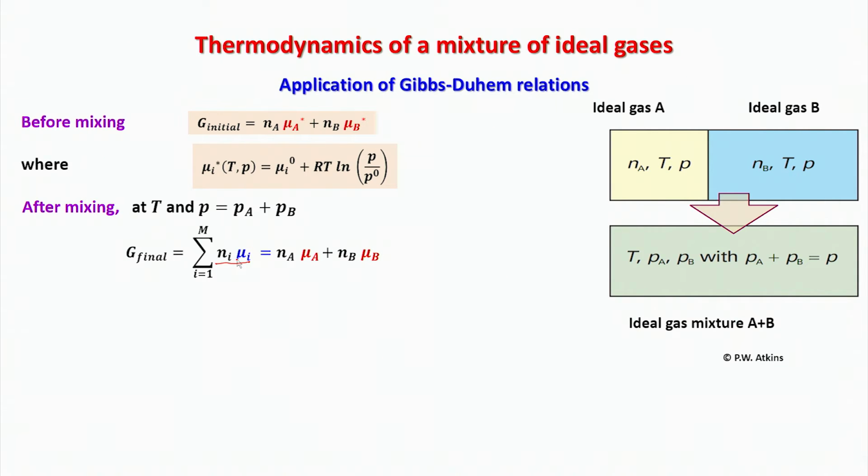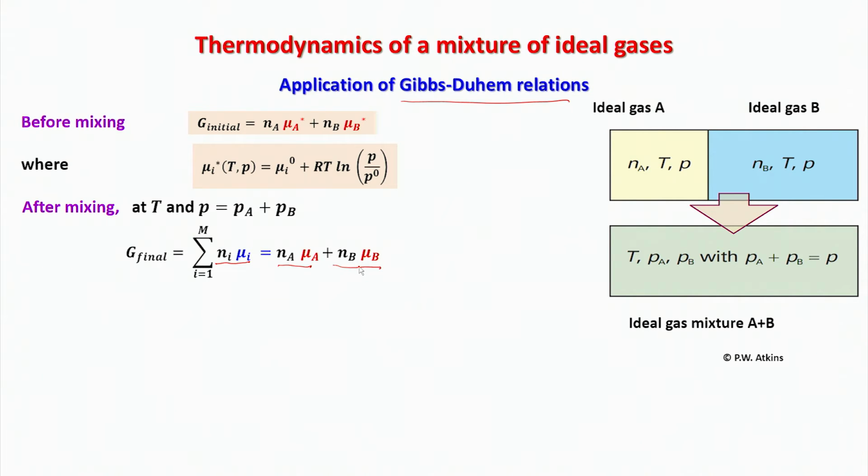I could write it by using the Gibbs-Duhem relation. For this particular example, I can simply write that G final is equal to Na mu A plus Nb mu B. If that is so, then the question is, what is mu A and mu B?